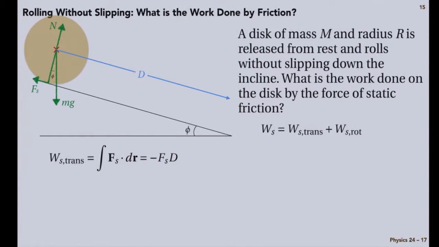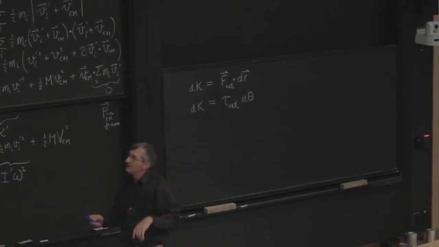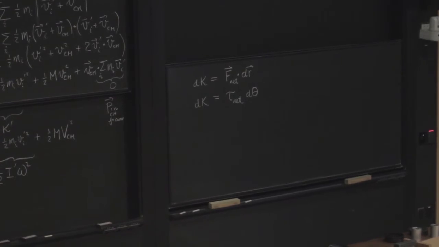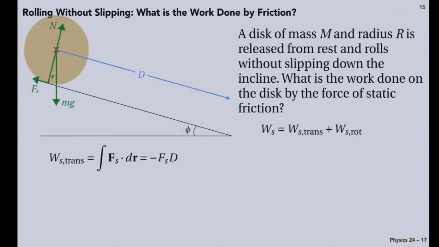That's going to be the force of static friction dotted into the displacement integrated over the whole displacement. But the force of friction is opposite to the direction of displacement, so we get a negative. So static friction is taking energy away from the translational motion, because that's negative. So it's doing negative work.